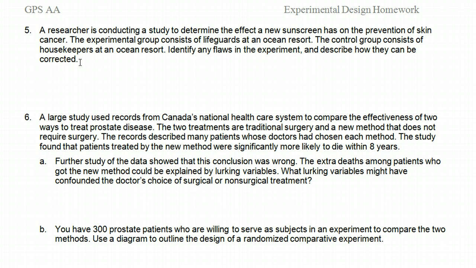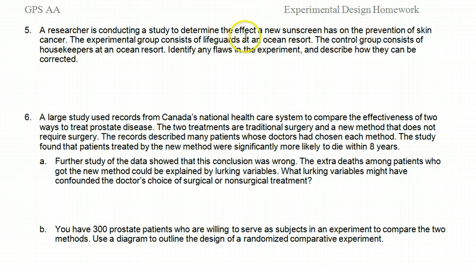Again, the number one thing here is that your experimental group and your control group, except for the treatment that you're giving them, should be as similar as possible. By having your experimental group be lifeguards and your control group be housekeepers, those groups are not similar at all.